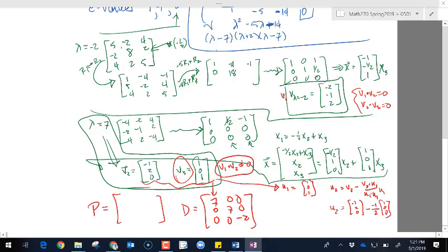So U2 is equal to negative a half, 2, and, oh, this should be 1, positive a half.